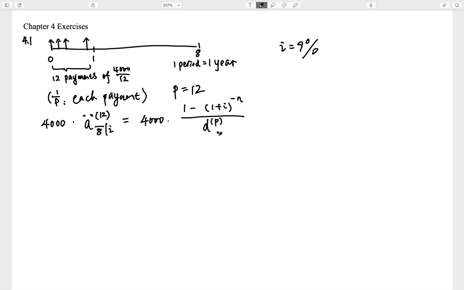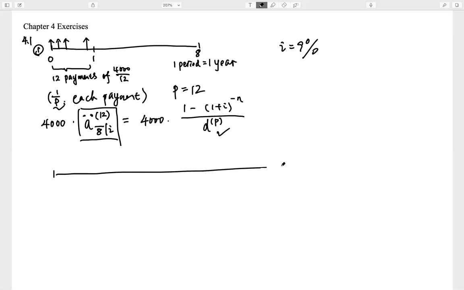So from here you just need to figure out the d upper p, but this is not the method I like, because it requires you to memorize everything from here, right? You need to know the payment is exactly piecewise, and it's not what I prefer.